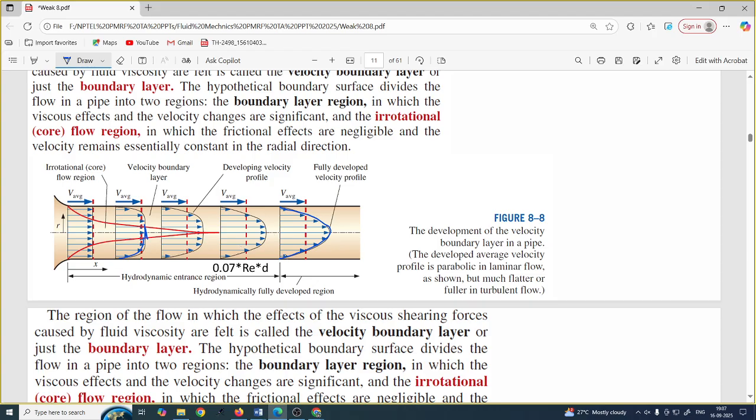After a certain distance in the pipe flow, you will get the parabolic distribution. The length from the entrance until the parabolic velocity profile develops is the hydrodynamic entrance length, or you can say the fully developed length.